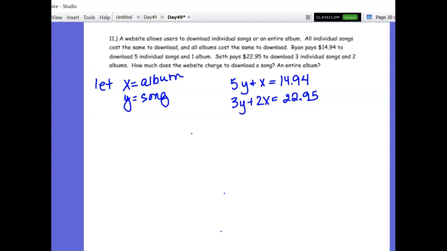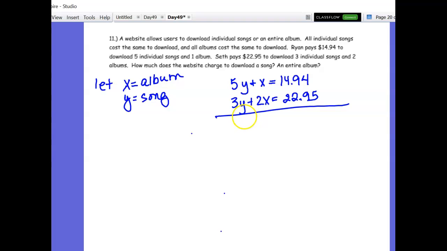Okay, so we could either look at solving for X, or we could do elimination. Actually, let me multiply everything by 2.